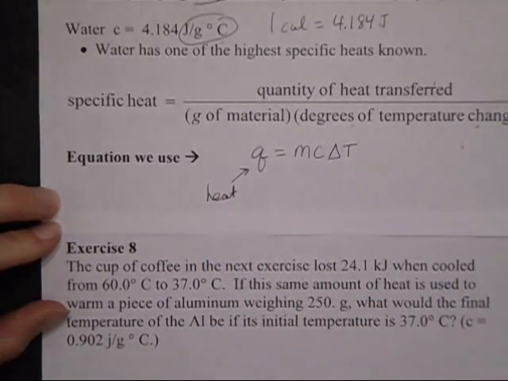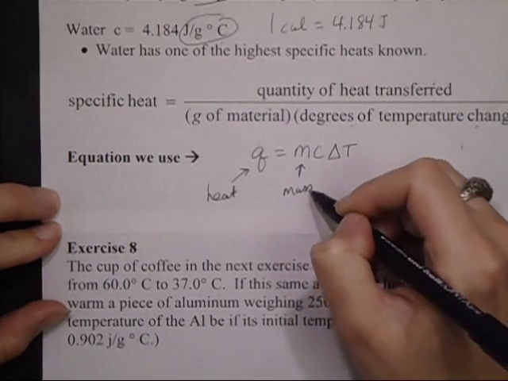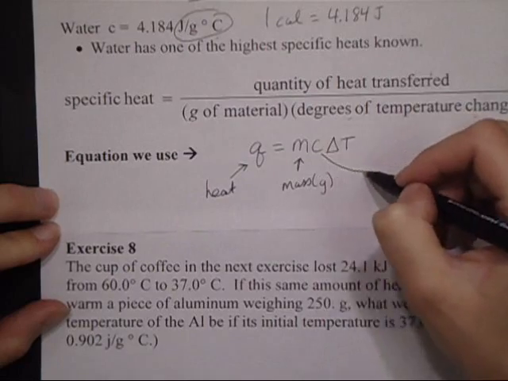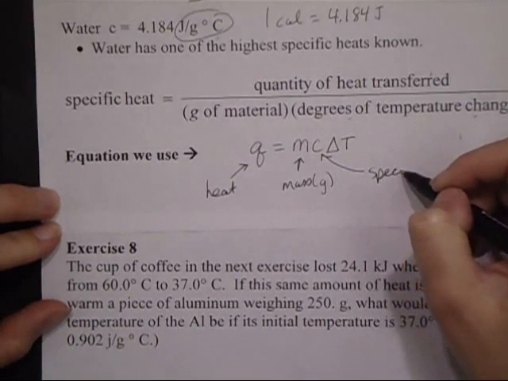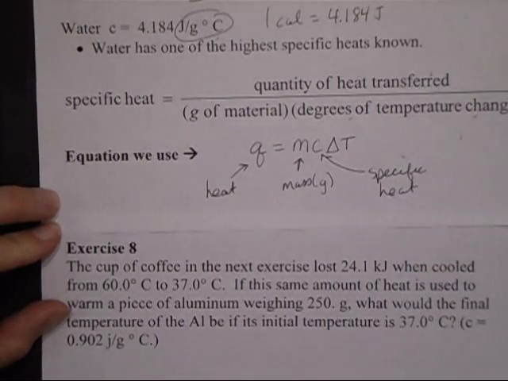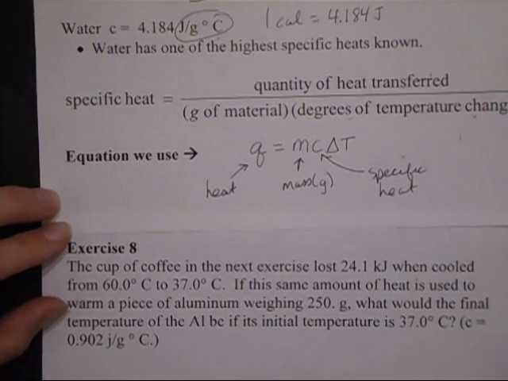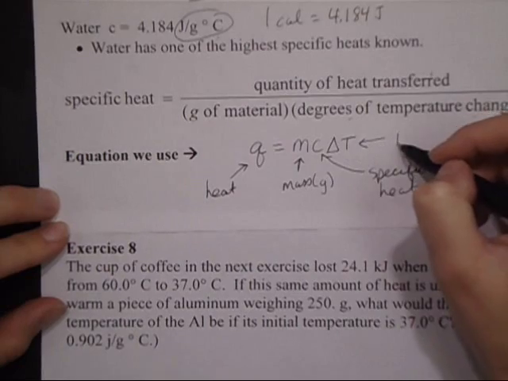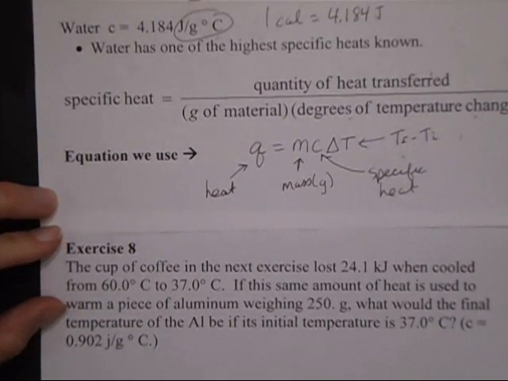In many cases that ends up being our enthalpy. M is mass in grams. C, or it could also be S, is the specific heat, and that value is dependent entirely on what the substance is. Every substance has its own specific heat. And then finally, change in temperature, T final minus T initial.